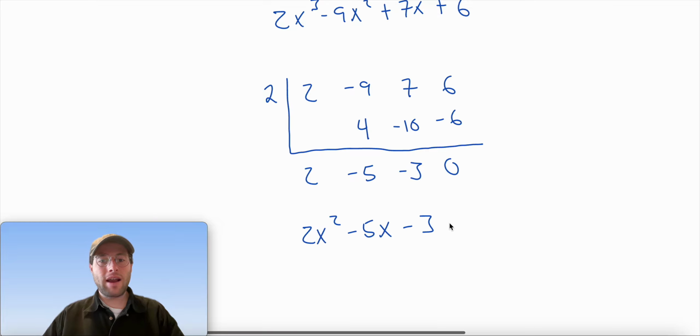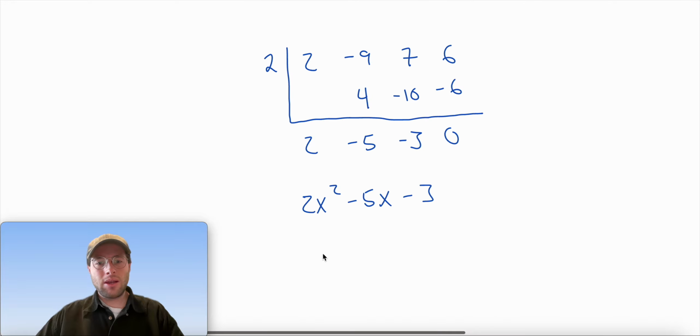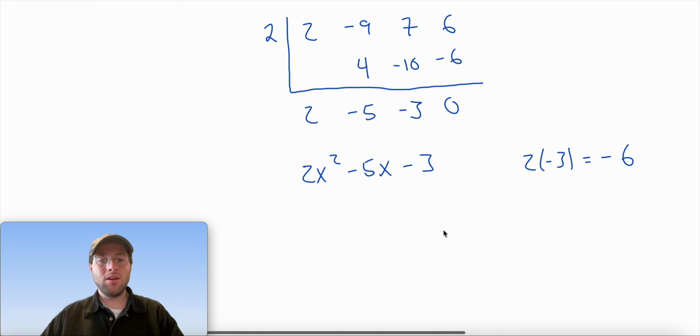So now we want to factor this one out, and we will get, using the AC method, 2 times negative 3 equals negative 6. So two numbers that multiply to negative 6 and add up to negative 5 would be negative 6 and positive 1.